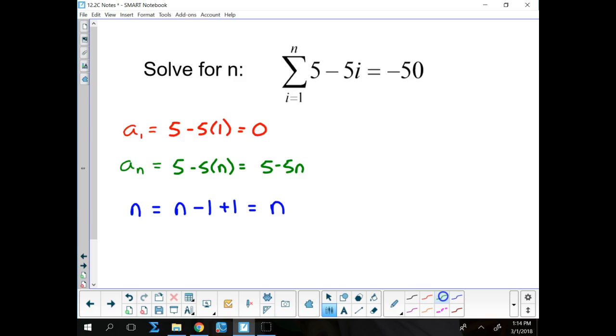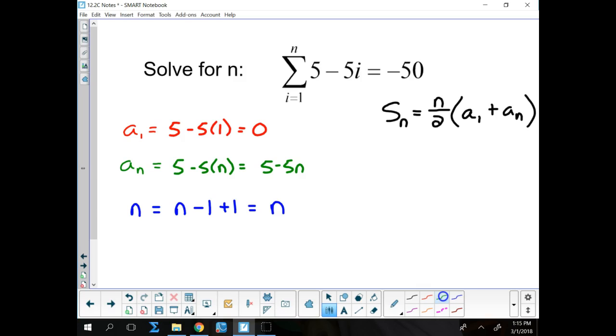Now, we said that this was a sum, correct? Yes, sir. Okay. So what's the sum formula? S sub n equals n over 2 times a sub 1 plus a sub n. Right?